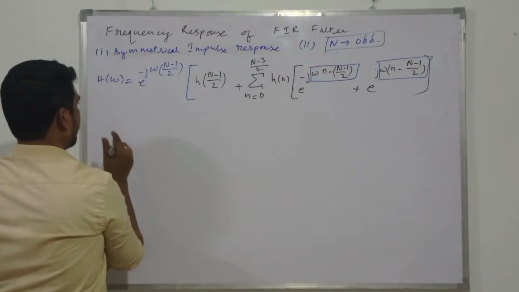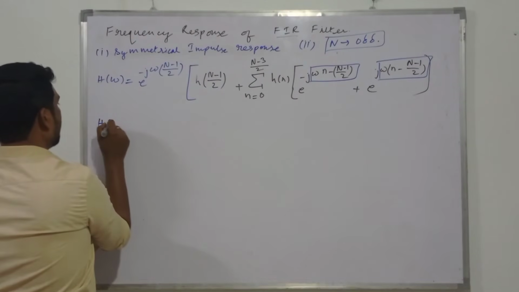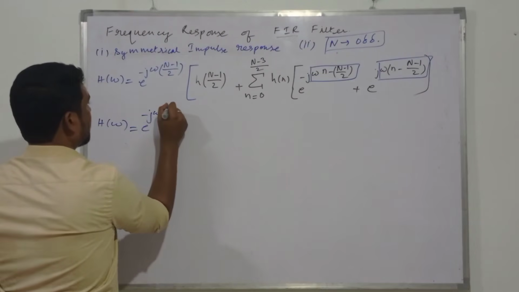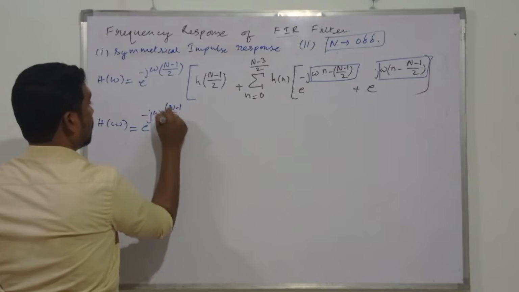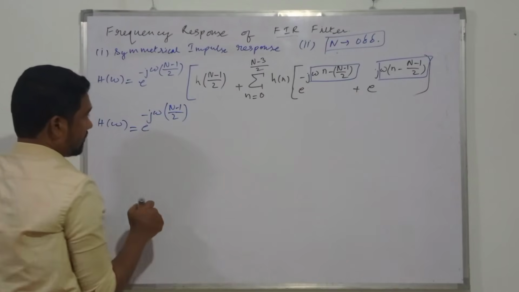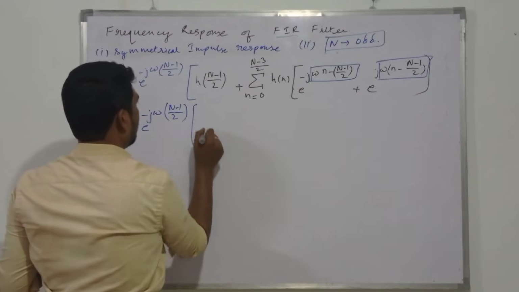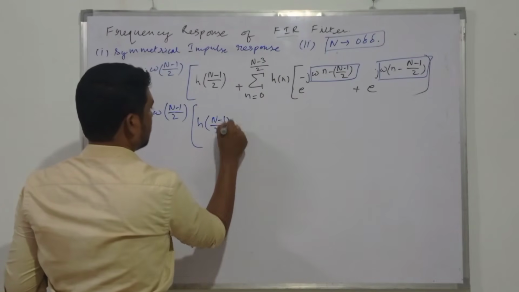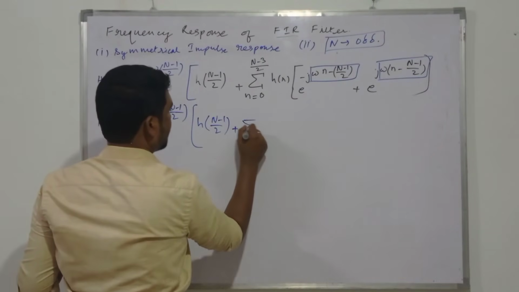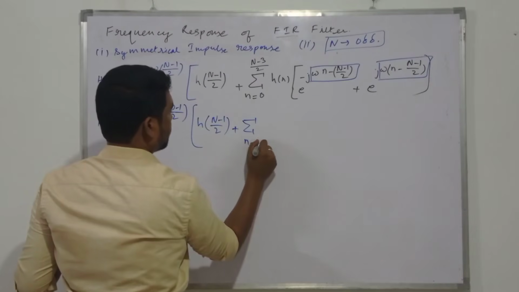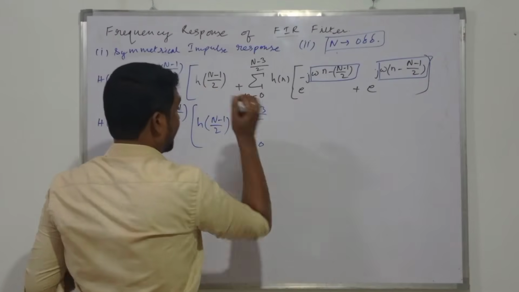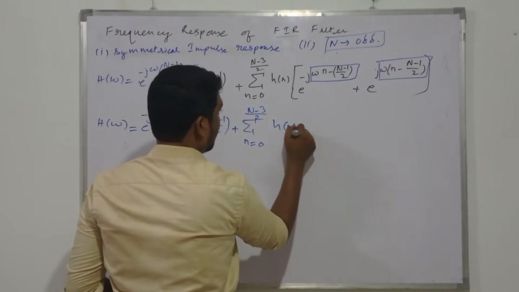So H of omega will be equal to e raised to minus j omega (N minus 1)/2 times [h of (N minus 1)/2 plus summation n equal to 0 to (N minus 3)/2 of h of n times 2 cos of this one]. Now how to close this?